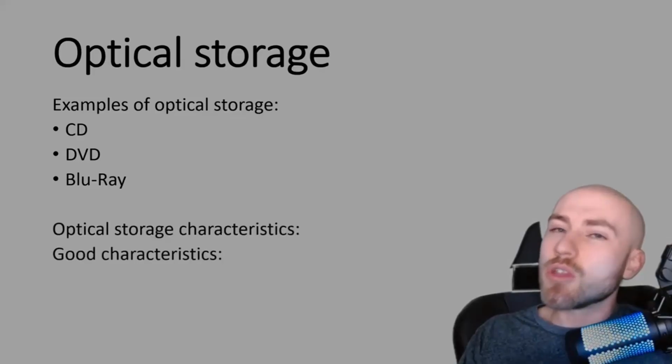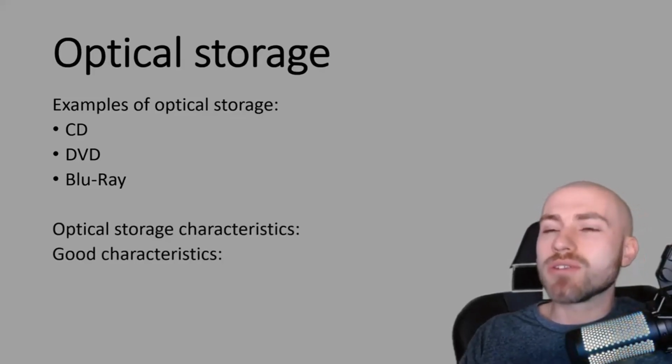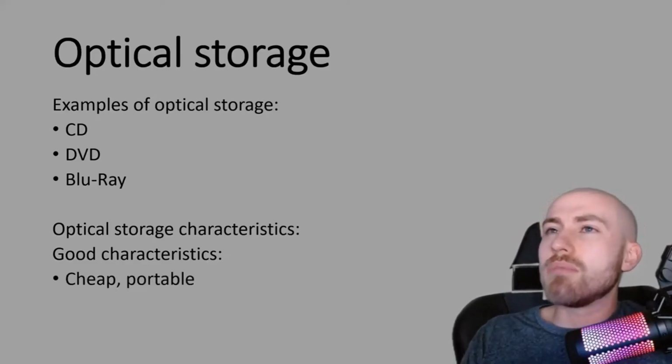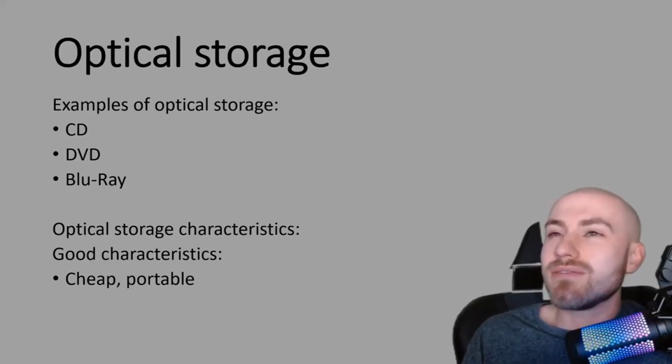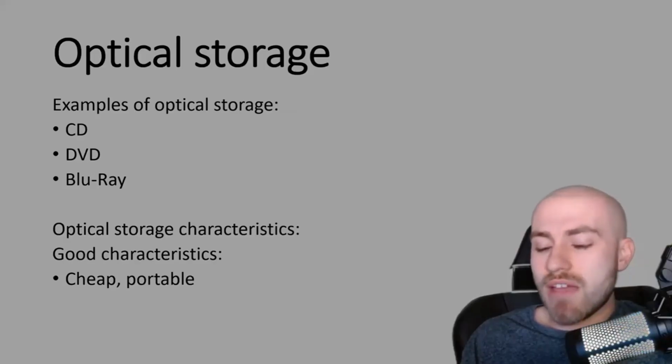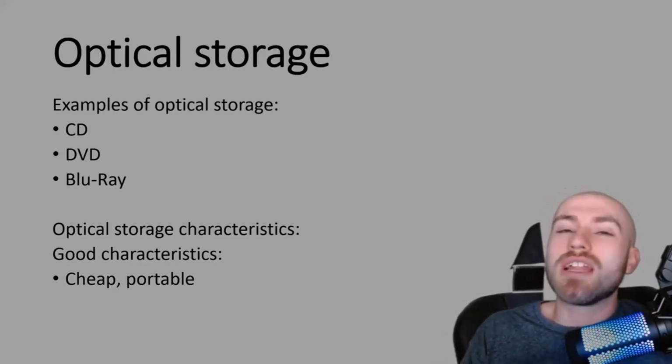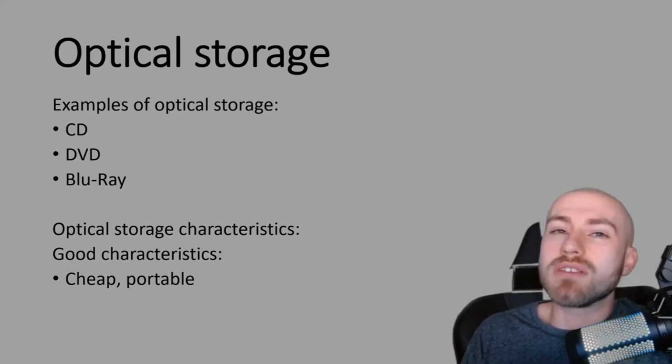So let's have a look at the good characteristics of optical storage first. So it's really cheap. So if you're going to buy a CD, for example, it's really cheap. So if you needed something very quick to put something on, and it's probably disposable, you're not going to use it again, it's good that it's not going to cost you a lot of money for that reason.